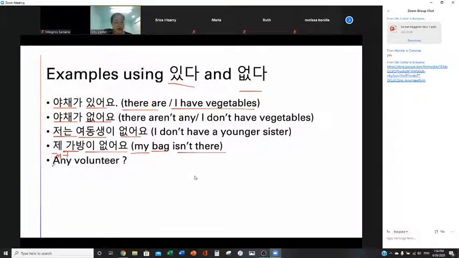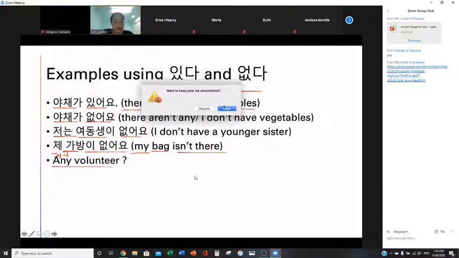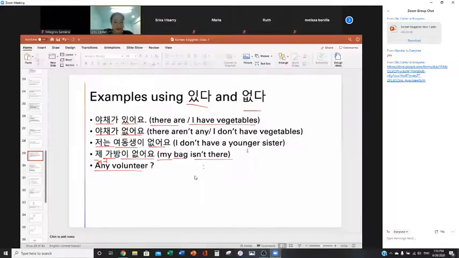So I will give you a minute to do this, using conversation phrases like 있다 or 없다. I'll give you a minute, and then maybe one volunteer could tell me what they have created.